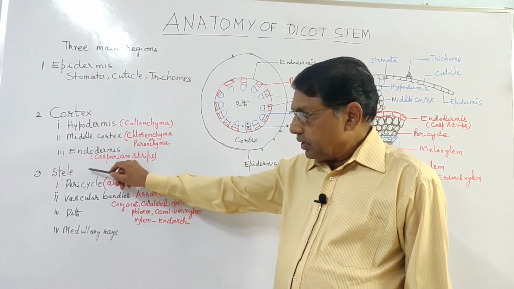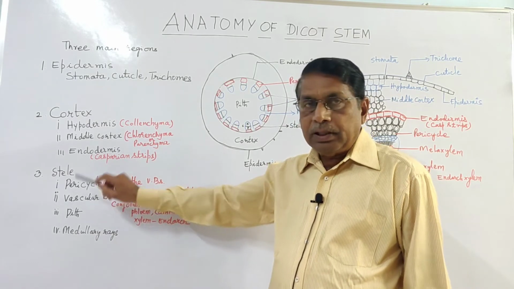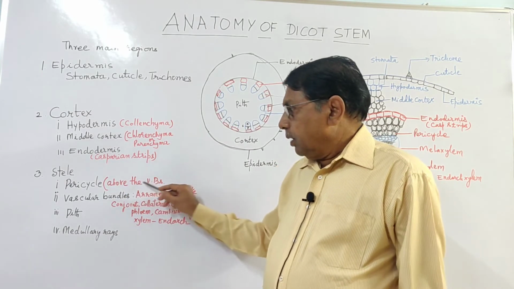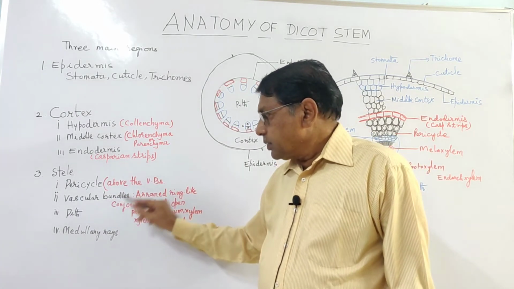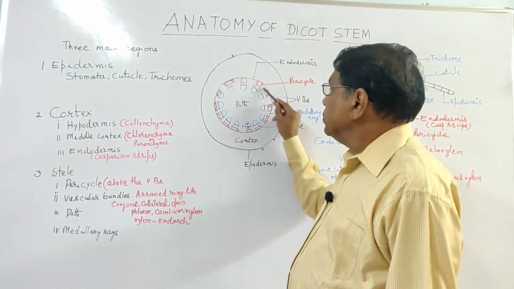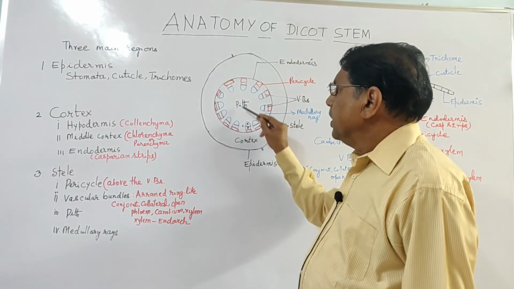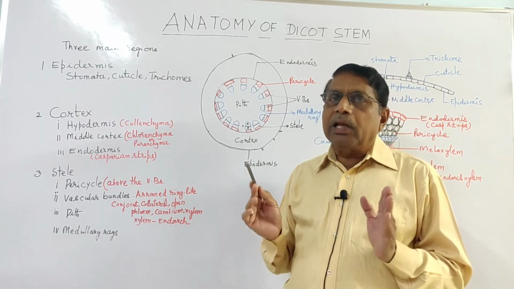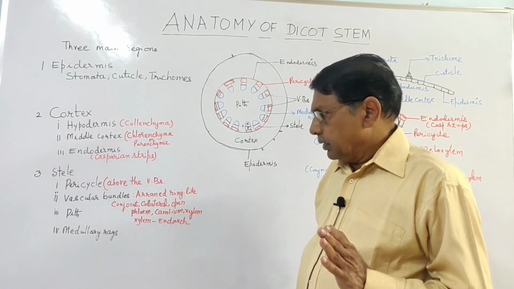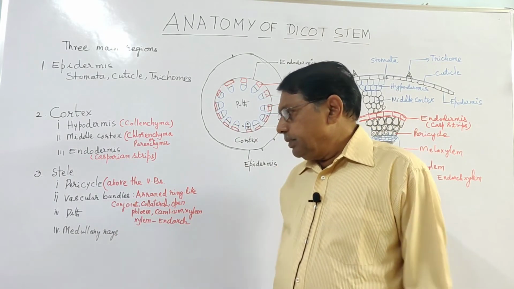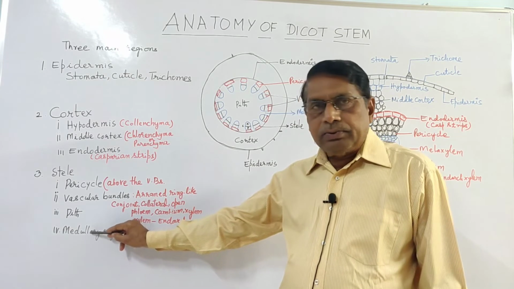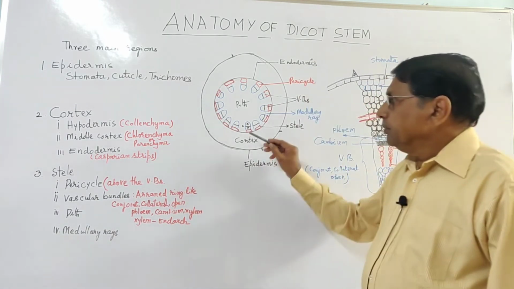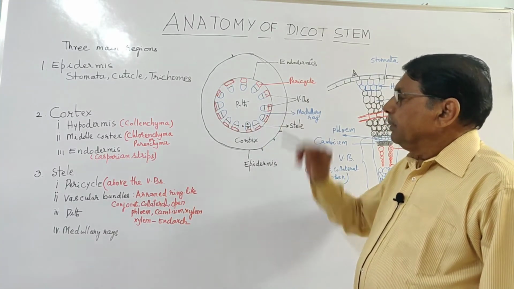The stele consists of these parts: pericycle surrounding the stele, then above it the wedge-shaped vascular bundles, numerous vascular bundles arranged just like a ring. Remember, just like a ring around the pith. Then the third part is pith, medullary rays.